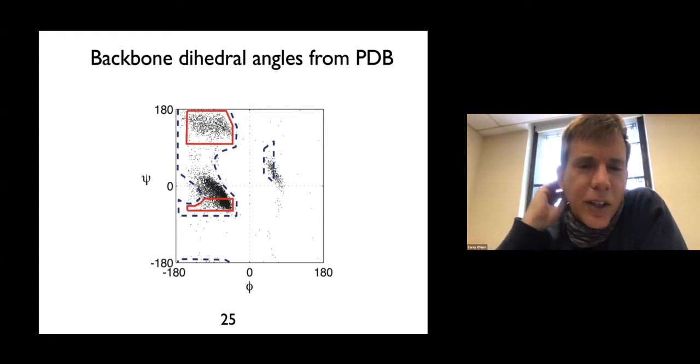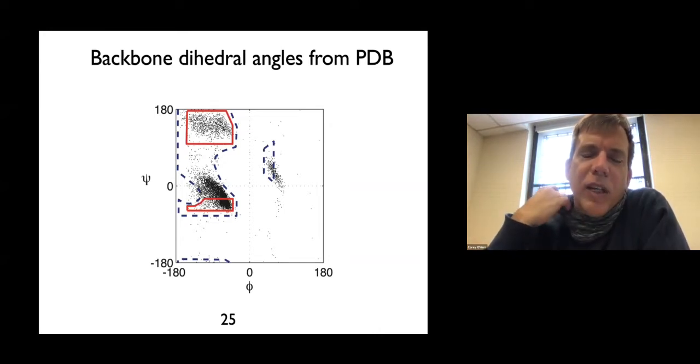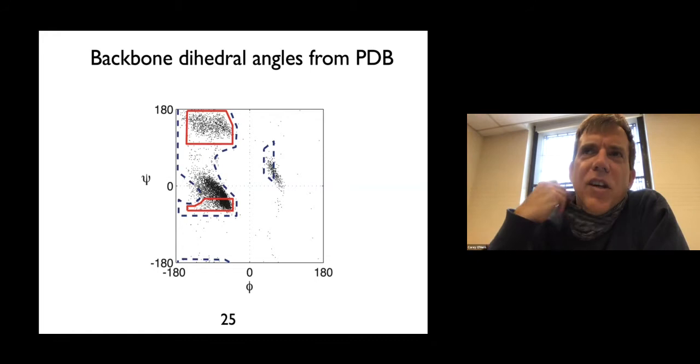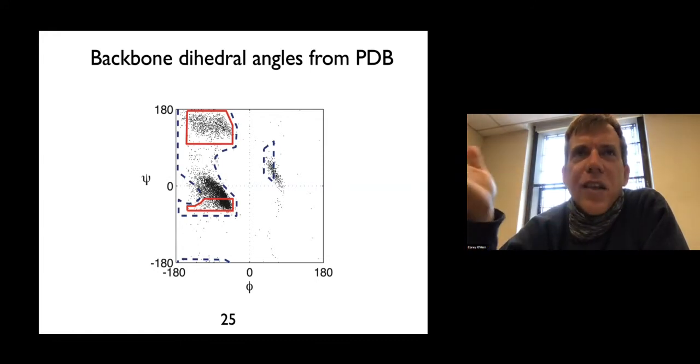Another subtlety or importance is the density of points. So for example, the points in this plot are not uniformly distributed. In this particular plot, there's a lot of points in the lower region, which tends to be more alpha helical structures. And so then the question is, what causes that?